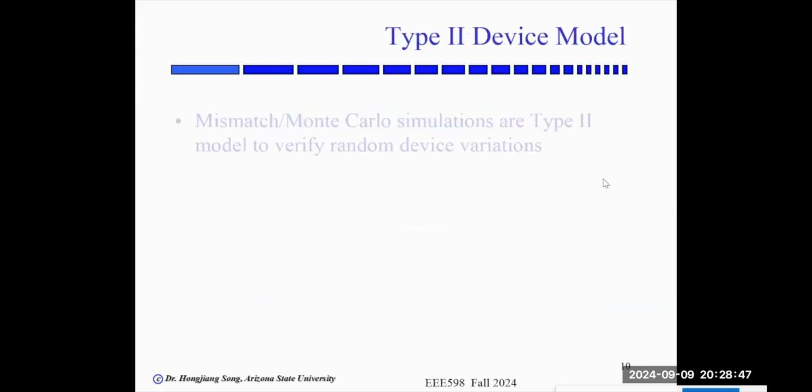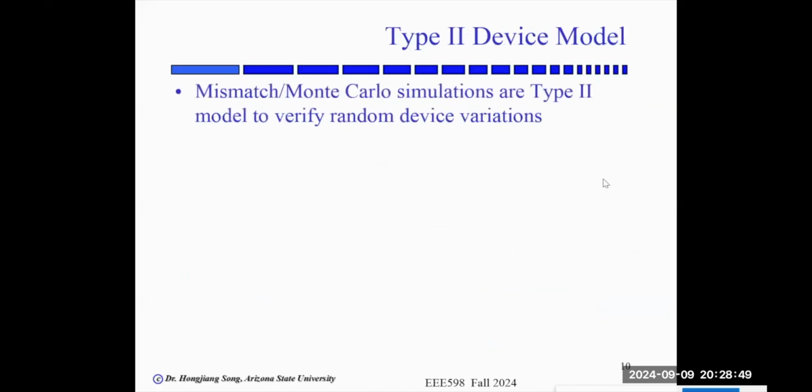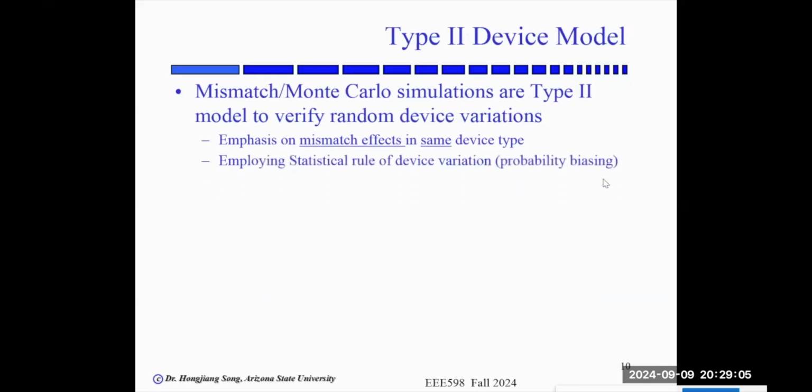Okay. Due to this reason, the Monte Carlo simulation, this is type 2 modeling, is used to validate device variation. In this type of simulation, we emphasize the mismatch effect of the same type of device. And also in order to cut down the Turing space, we assume this standard deviation follows a certain distribution.